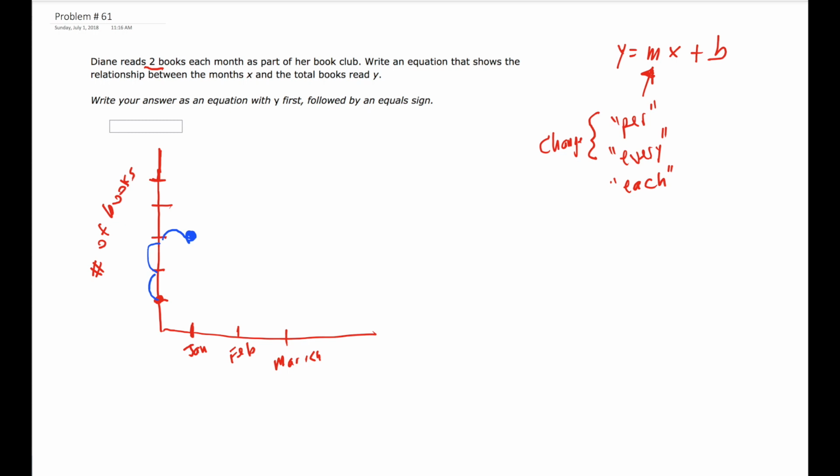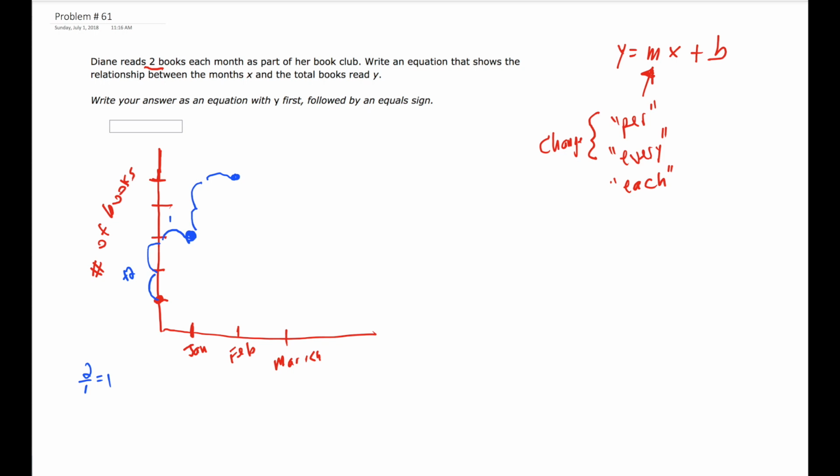You see how we went up 2 right here, and then we went over 1 because it's just 2 over 1, which is 2. If we were to continue, what would we do again? Go up 2, go over 1, right? And you know that you're going to do that with the number 2 because of what keyword?